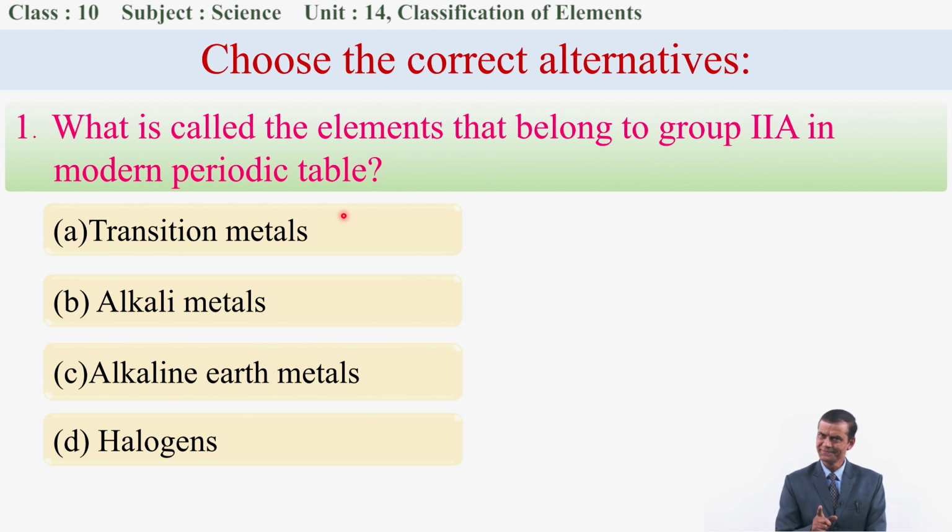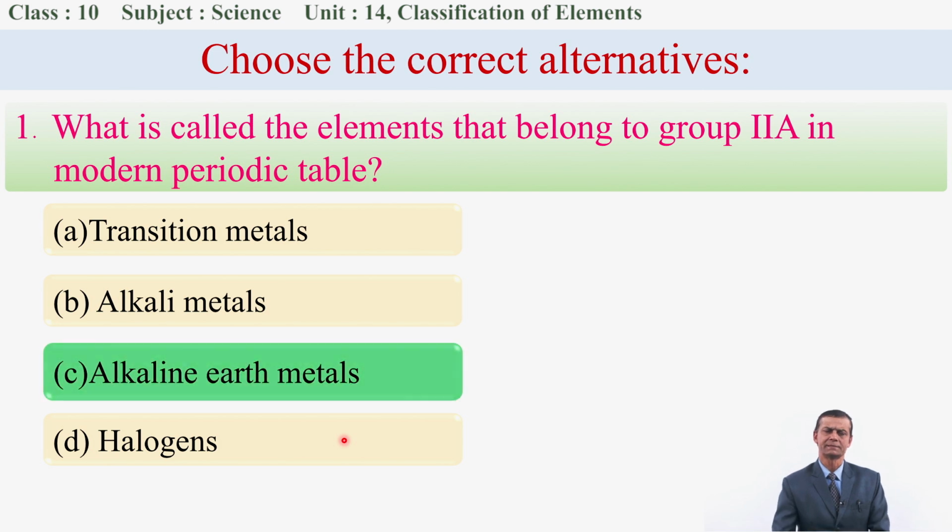Is it transition metal, alkali metal, alkaline earth metal or halogen? What will be its specific name? Sure. You have found the correct answer. Let's check it. Yes, it is alkaline earth metal. Alkaline earth metal lie in group 2A, IIA in the modern periodic table.